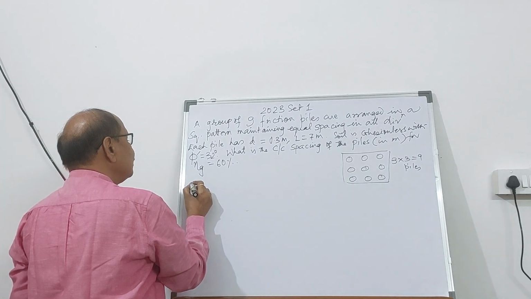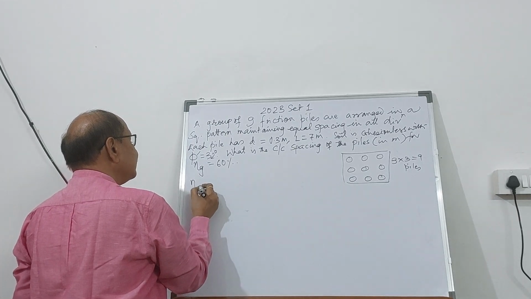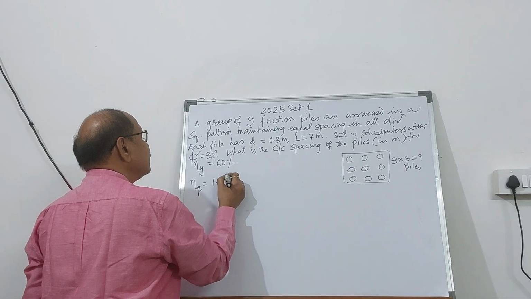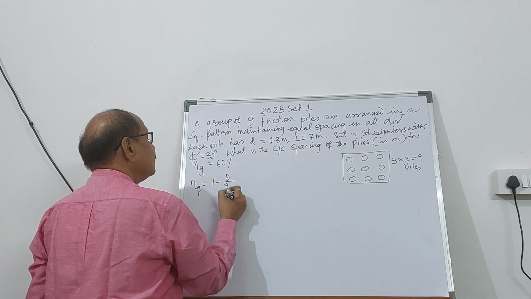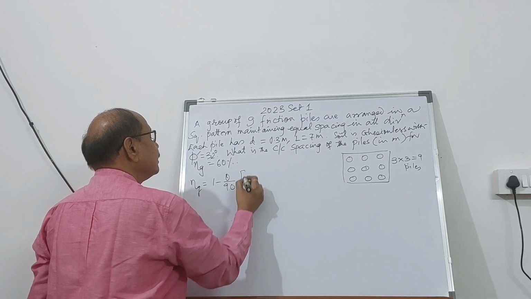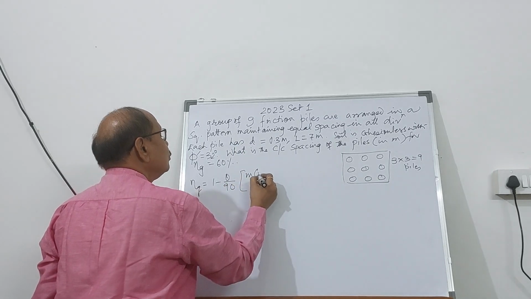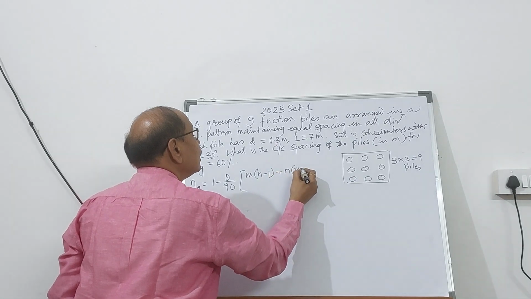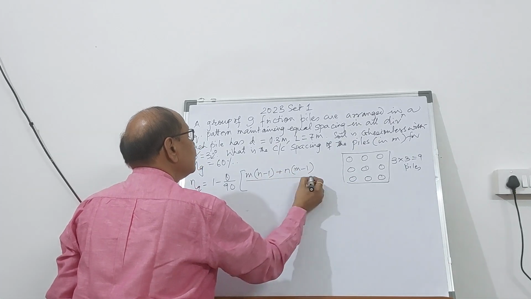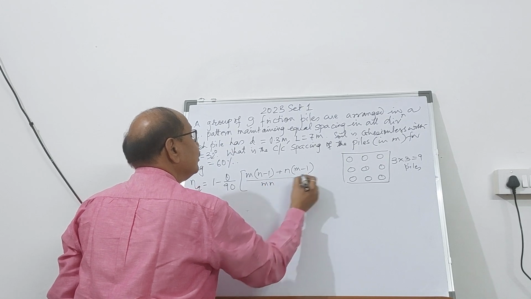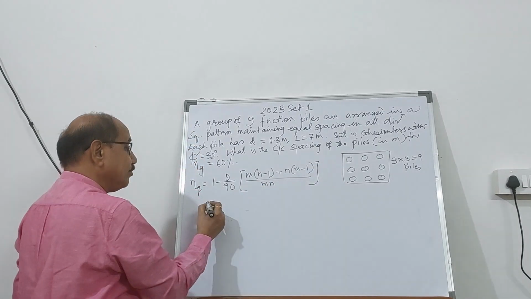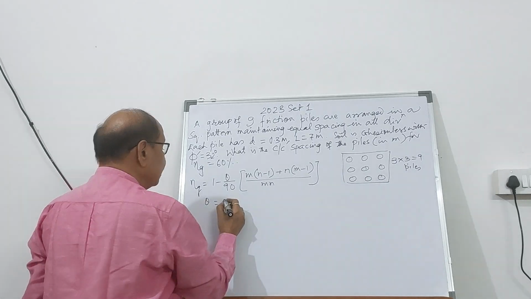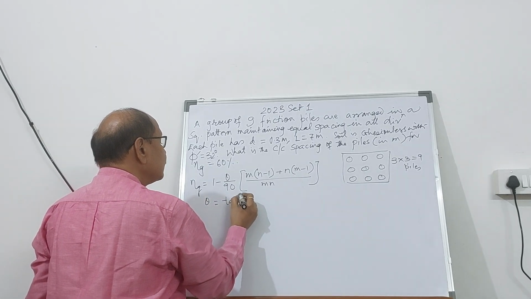So here you know the formula for eta G equal to 1 minus theta by 90 into (m into n minus 1 plus n into m minus 1) divided by m into n. This is the Converse-Labarre formula, where theta equal to tan inverse d by s.